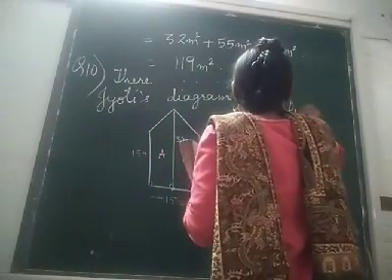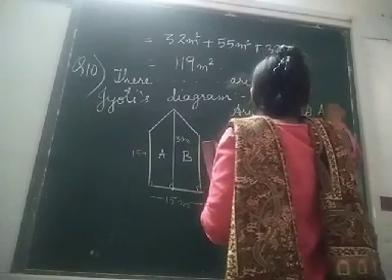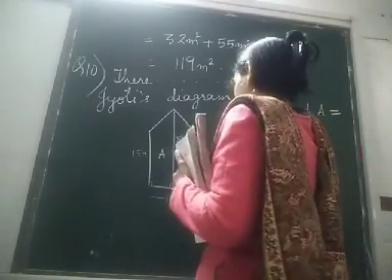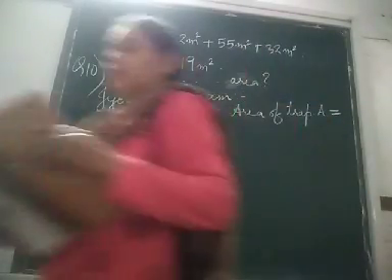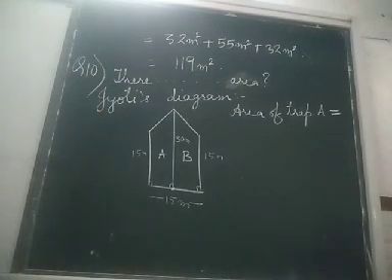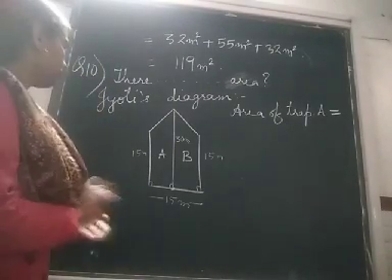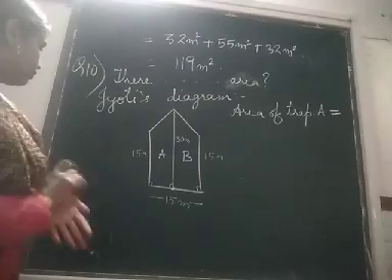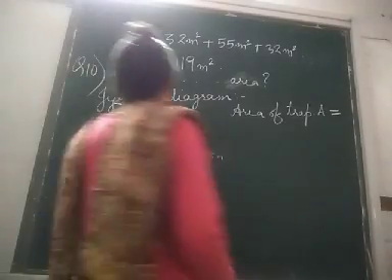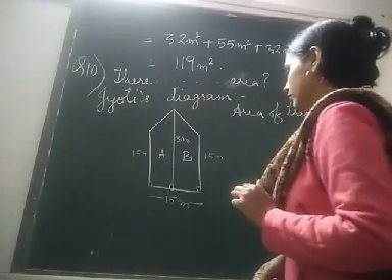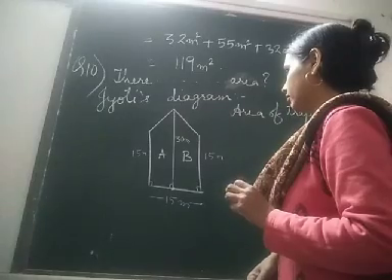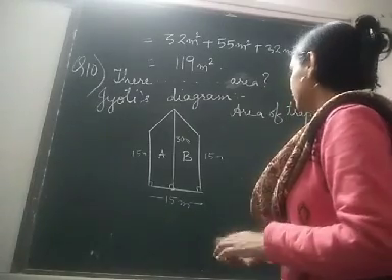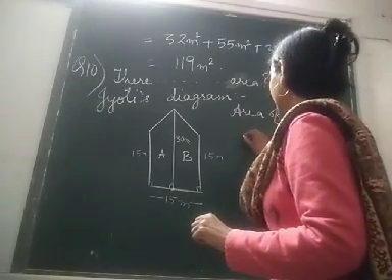Area of trapezium A is equal to the perpendicular distance.